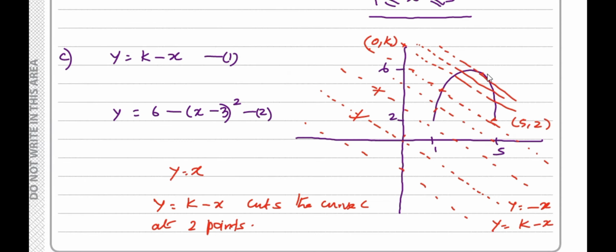So k less than 37/4 is telling you about the maximum value here. So what will be the minimum value when this line goes through this point (5, 2)? Then it will be cutting the curve at two distinct points, right? So let's put the equation y = k − x at (5, 2).